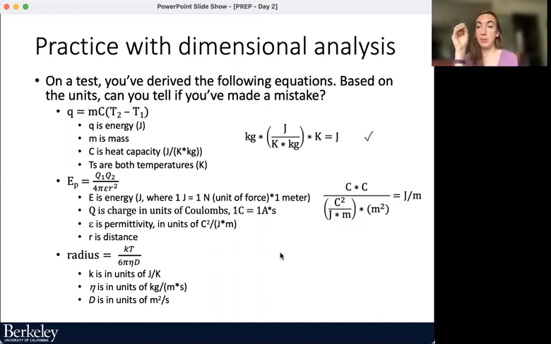On the top, we have two different charges, so where we have Q times Q, those units are going to be coulombs times coulombs. And then 4 and pi are both unitless, so those don't affect our units at all. And then we have this little e, whose units are coulombs squared divided by joules times meters. And then we have this r squared, where r is distance in units of meters, and so we have meters squared.